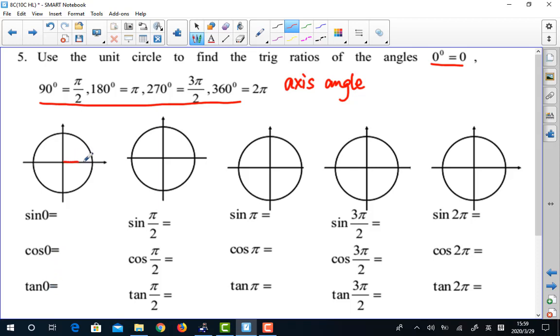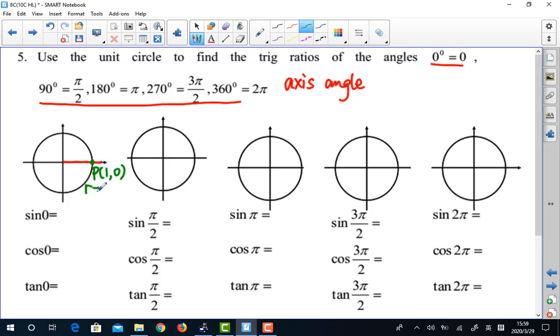Angle 0 is here. The terminal arm coincides with the initial arm. You don't rotate this angle to form 0. So with this unit circle, I can get the point of intersection between the terminal arm and the unit circle. I can write the coordinates of this point of intersection very easily. The coordinates are 1 and 0.